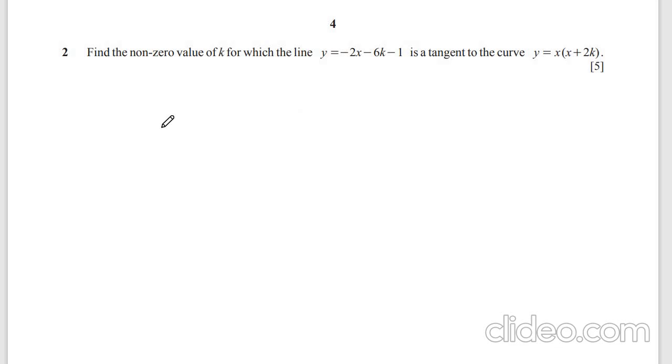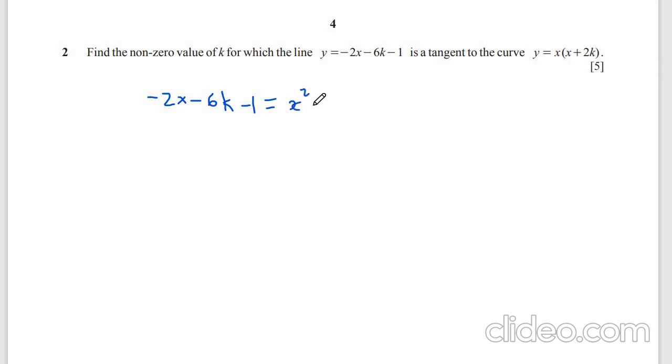So let us try and find where the point of intersection is between this tangent and the line. That is going to be where the two lines meet and the x and y values are going to be the same at that point. So we can equate the two y values.